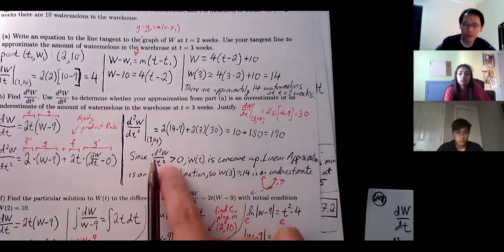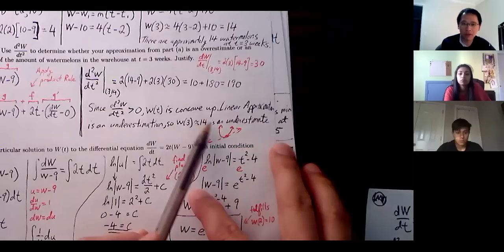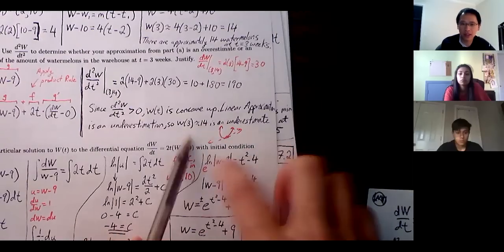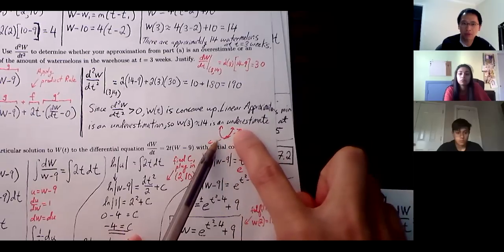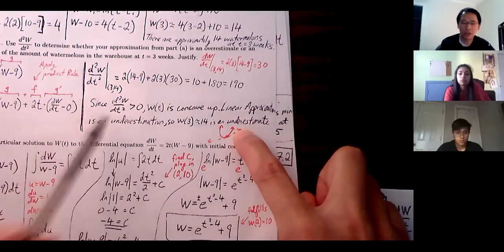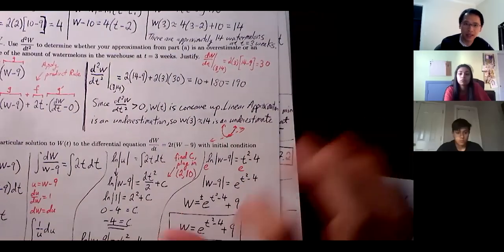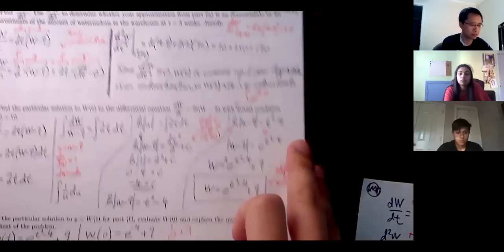So the second derivative is positive, we can conclude that it must be concave up. If it's concave up, our graph looks like this. And if our graph looks like this, any line that we draw is going to sit below, and therefore it's an under approximation. So it's that connection of using the second derivative and connecting that with under approximation versus over approximation.